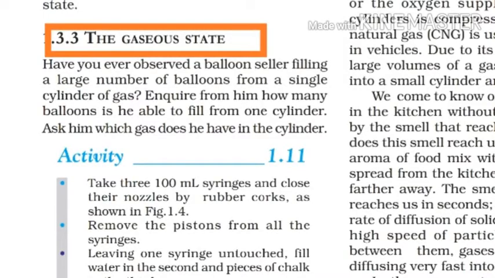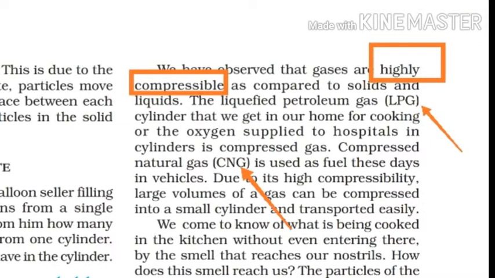Now the gaseous state. We use LPG, that is liquefied petroleum gas, not liquid petroleum gas, for cooking. CNG, compressed natural gas, is used in autos. Actually, gases are highly compressible.